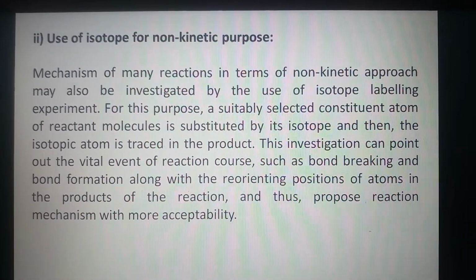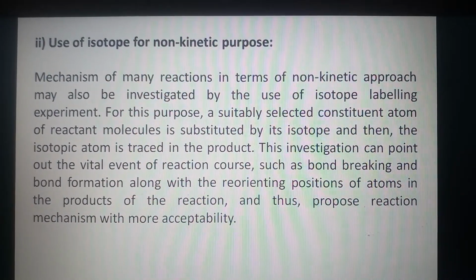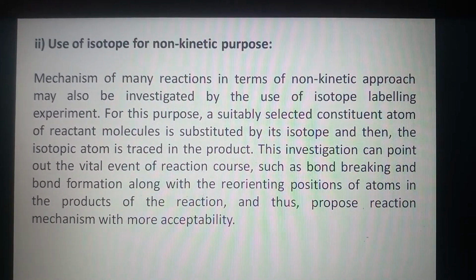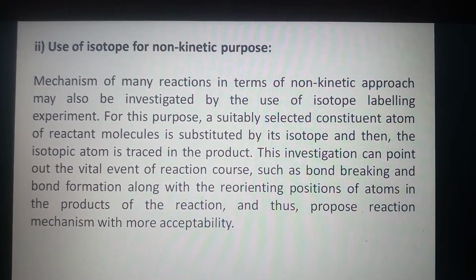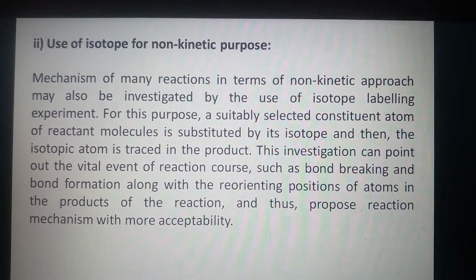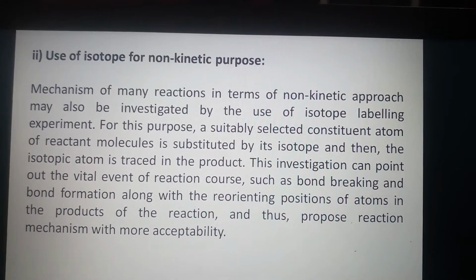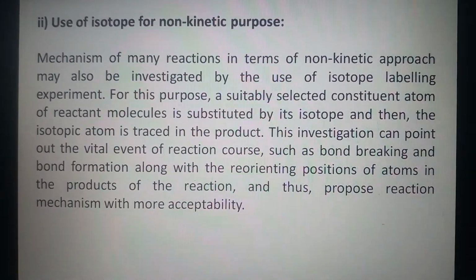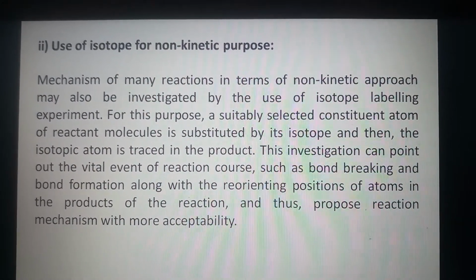We know that the mechanism of many reactions, in terms of a non-kinetic approach, may also be investigated by the use of isotope labeling experiment. For this purpose, a suitably selected constituent atom of reactant molecules is substituted by its isotope, and then the isotopic atom is traced in the product.